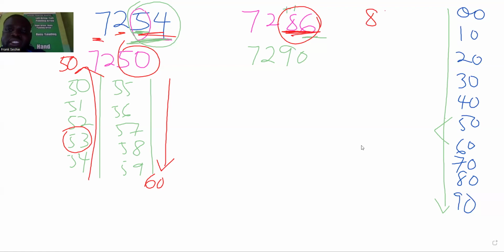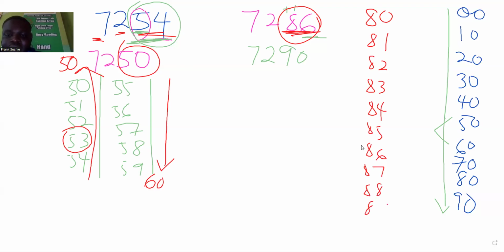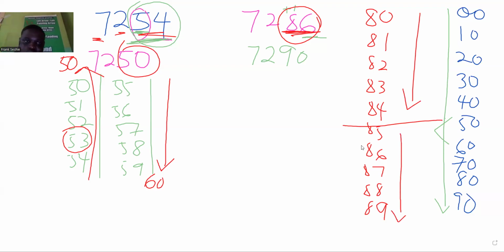We can have unit digits of 0, 1, 2, 3, 4, 5, 6, 7, 8, and 9. The lower group is 80 to 84, and the upper is 85 to 89. So 86 is within the upper region.